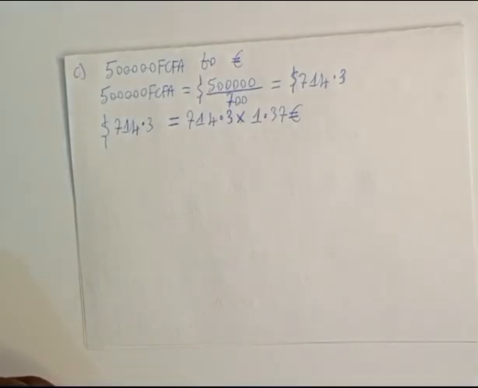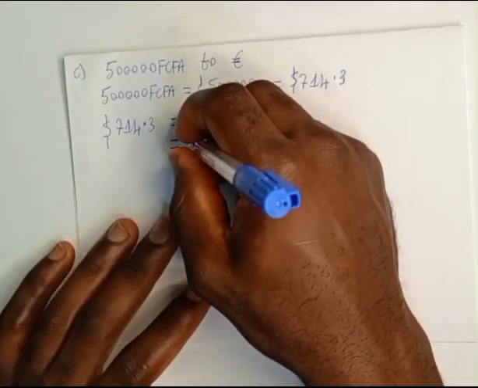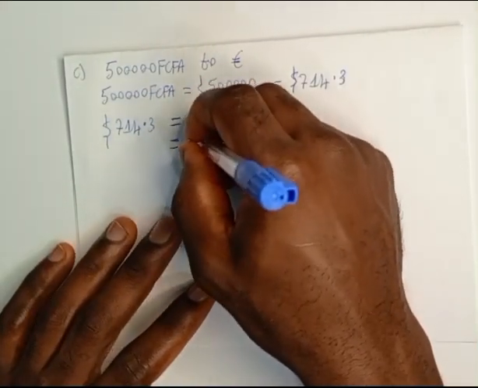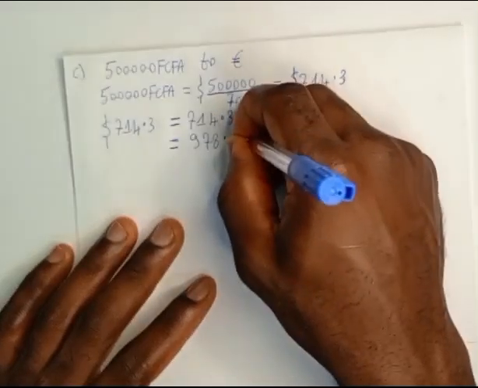Remember, in this question, the dollar is a higher currency to the euro. This will simply be equal to 978.6 euros.